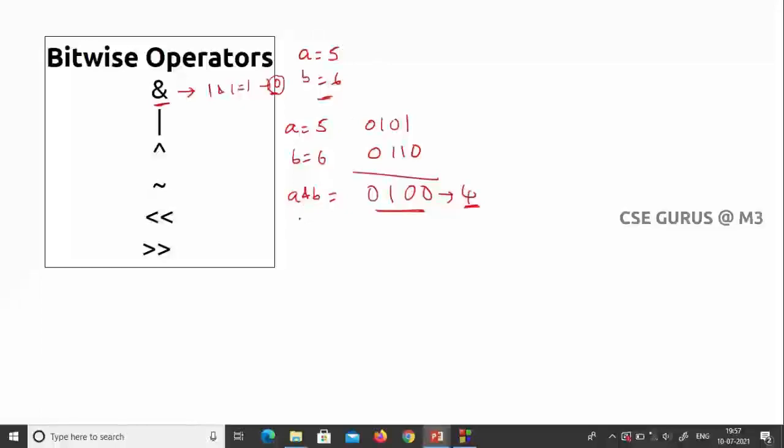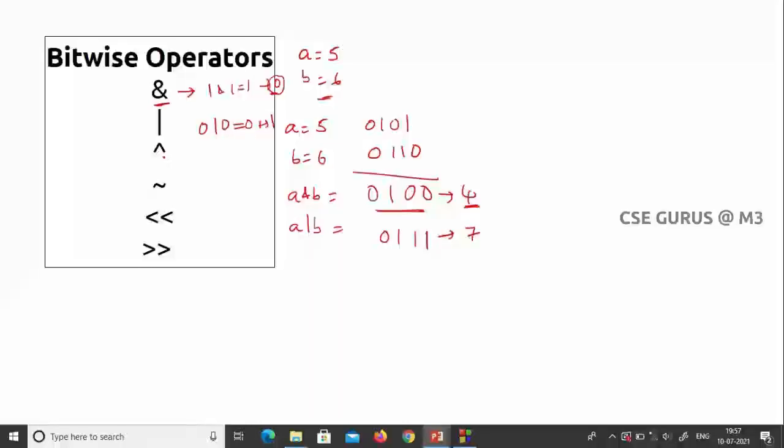Now if I take the OR operation, A OR B, OR means only if both values are 0 then 0, otherwise 1. 1 or 0 is 1, 0 or 1 is 1, 1 or 1 is 1, 0 or 0 is 0. So the answer is 0 1 1 1, which is 7, right?